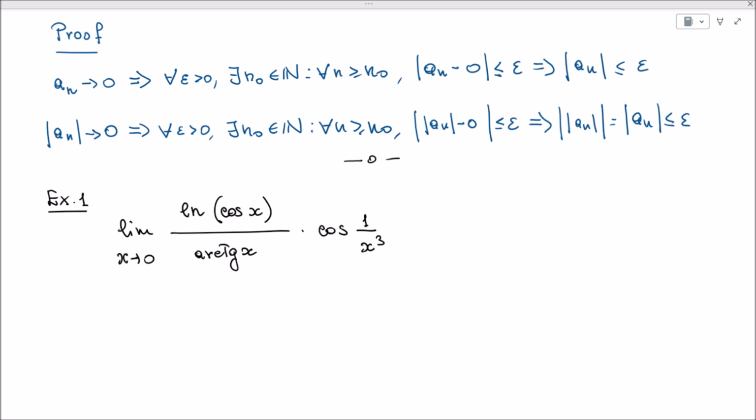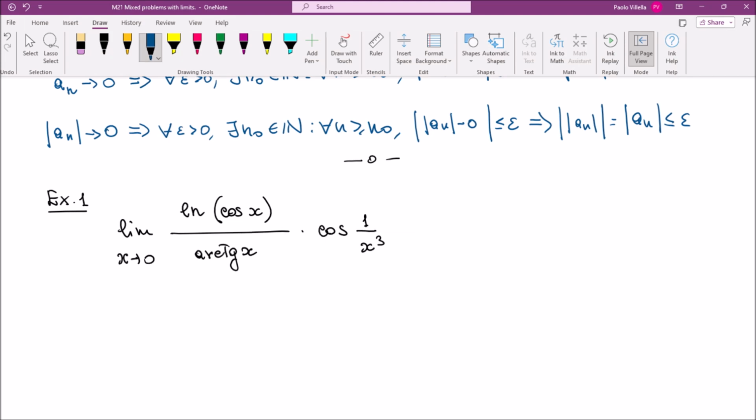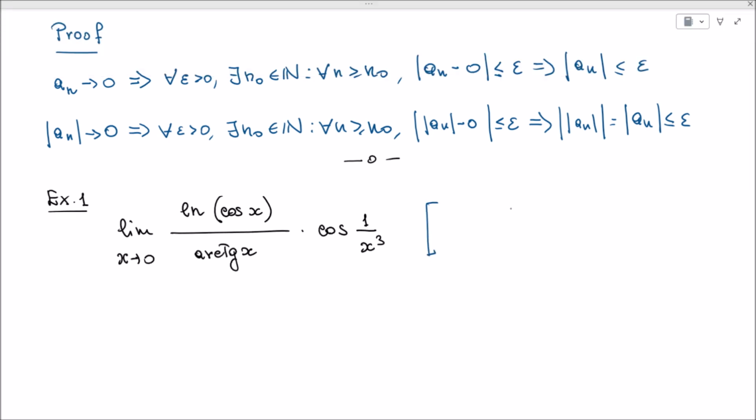Right? So we immediately recognize that this is an indeterminate form because, well, this part of the function, let me call this function g of x.